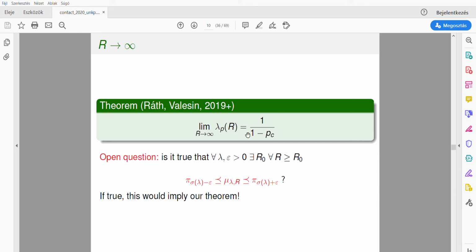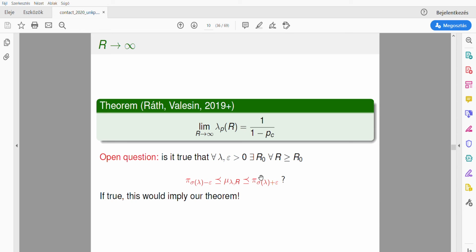And of course, if R is big enough, then we know that the density of occupied sites is going to be somewhere near sigma. But stochastic domination is a different thing. Can you really couple the upper invariant measure to a Bernoulli measure such that it's simply bigger? This is an open question. We do not know if this is true or not. We certainly do not know how to prove this result.